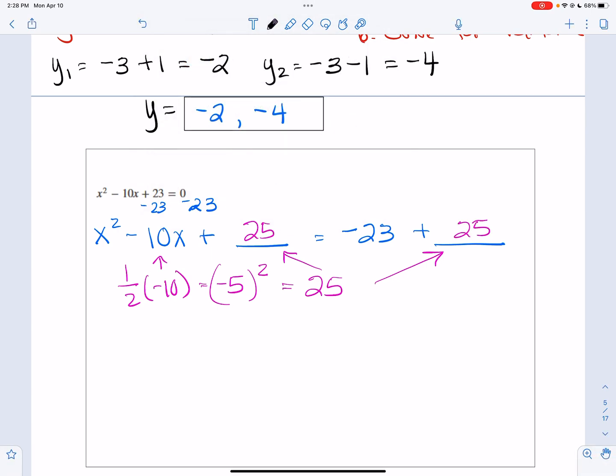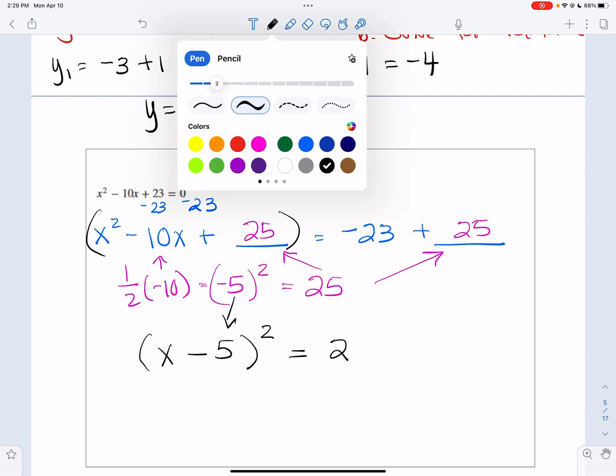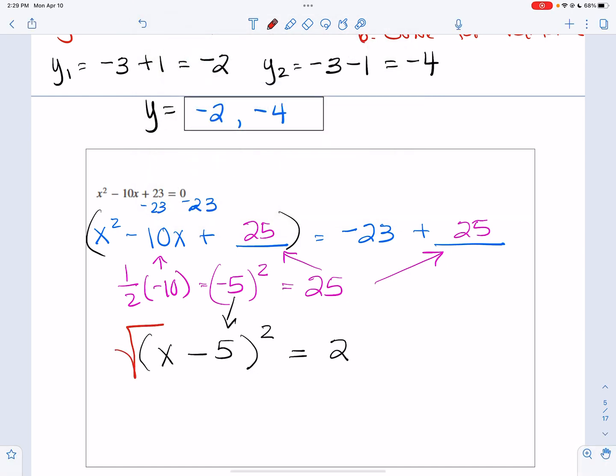Then I factor this. So that becomes x minus 5 squared is equal to negative 23 and positive 25 makes 2. Now I take the square root of both sides. That cancels.